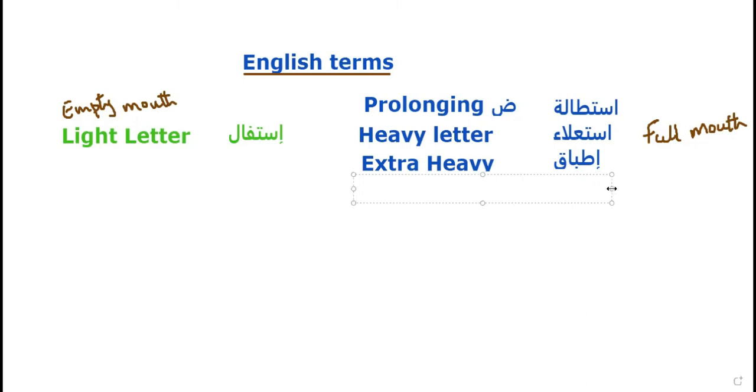So when we use isti'la, it's a letter of isti'la, which means it is a heavy letter. It is a letter of itbaq, which means it's an extra heavy letter. Or idlaq, we generally do not do idlaq, so I'm gonna just remove it. So idlaq letters are basically like, you don't have to put a lot of pressure on the makhraj.